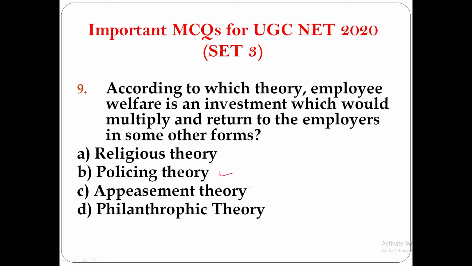Policing we have learned, appeasement means we have to satisfy, and philanthropy is love for mankind, and this is the religious theory. In religious, remember there are two things, that is investment and atonement. Investment means you will invest. Let's say if you do good work today, you will get that in return in future.